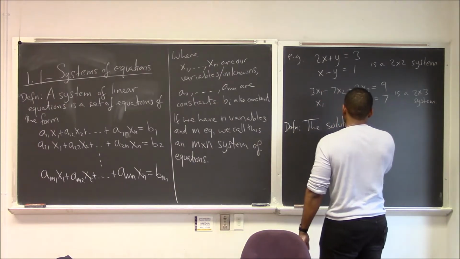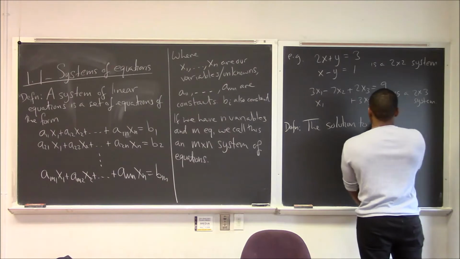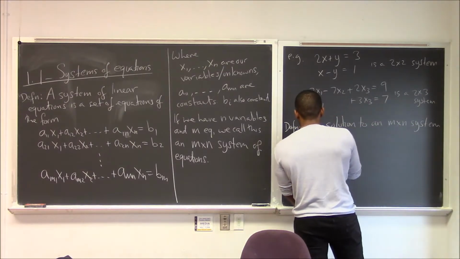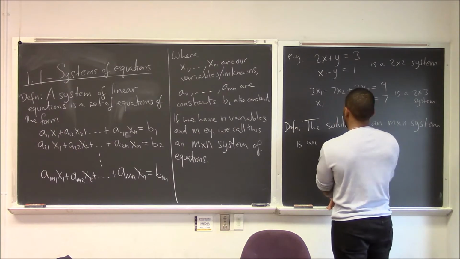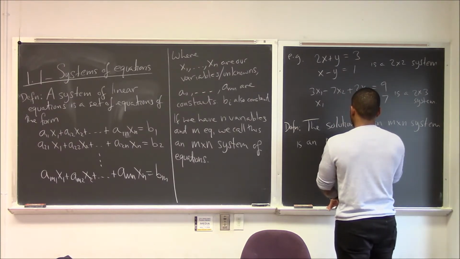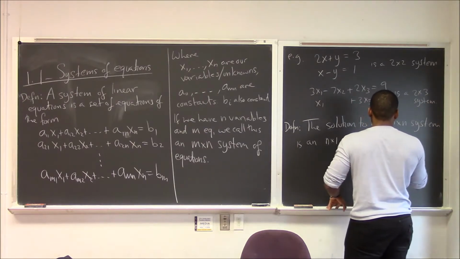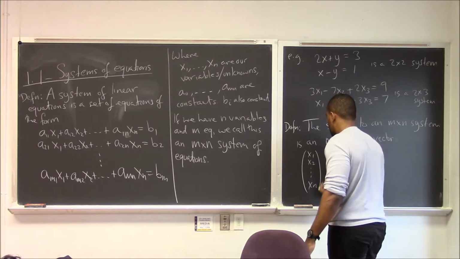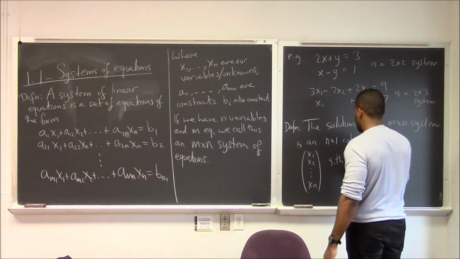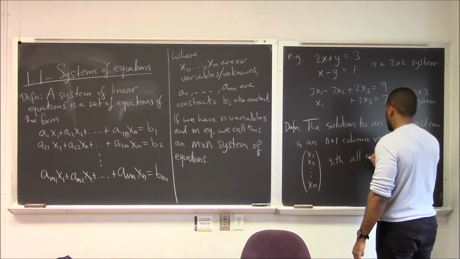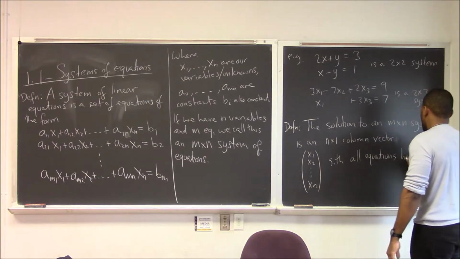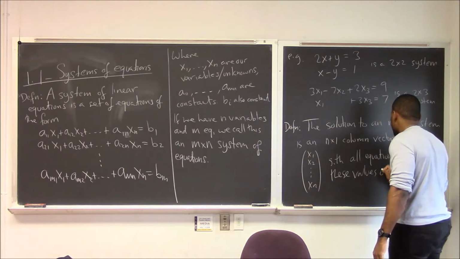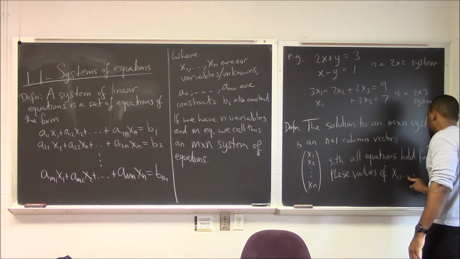The solution to an m by n system is an n by 1 column vector such that all equations hold for these values of x1 to xn.